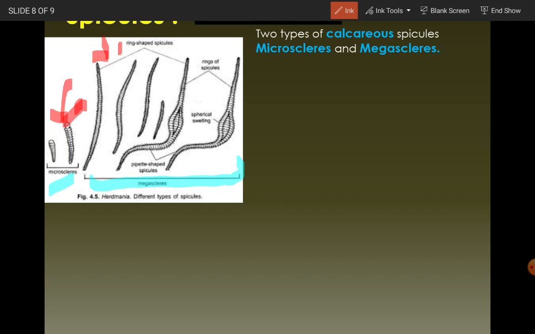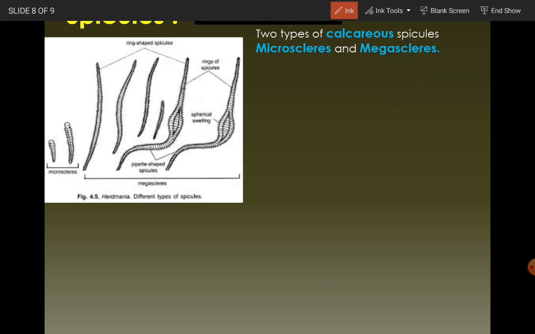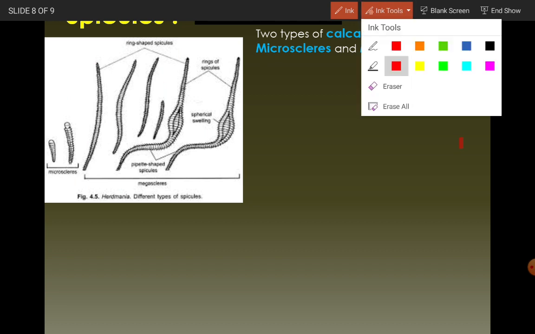These are spindle shaped ones, and these have a bulb at the center, and they are called pipette shaped megascleres. And these are called spindle shaped megascleres, which have tapering ends at both edges. Now let us learn one by one what is the difference between these megascleres and microscleres.